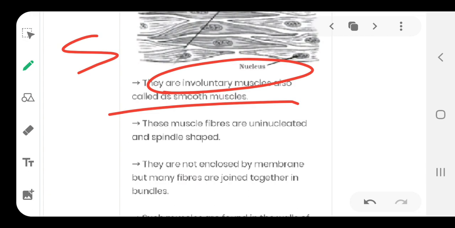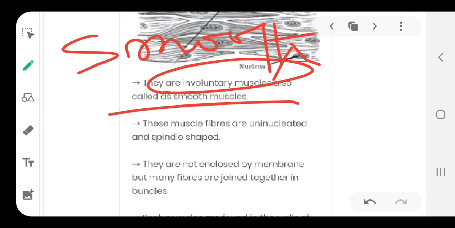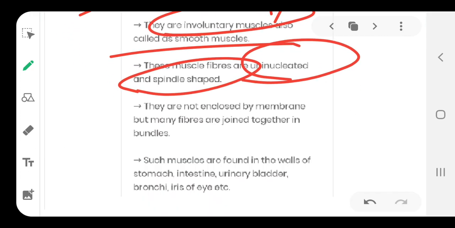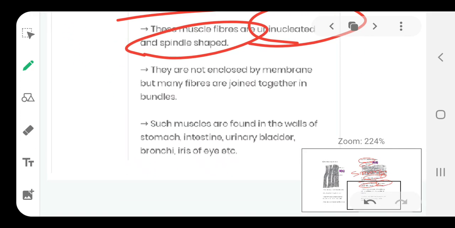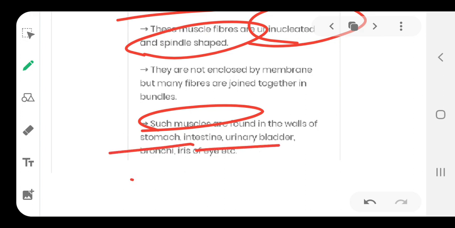So the second name for them is smooth muscles, okay. Smooth muscles, and they are nucleated, spindle shaped, and the other thing you should know is that these muscles are found in the walls of where? Stomach, intestine, urinary bladder.